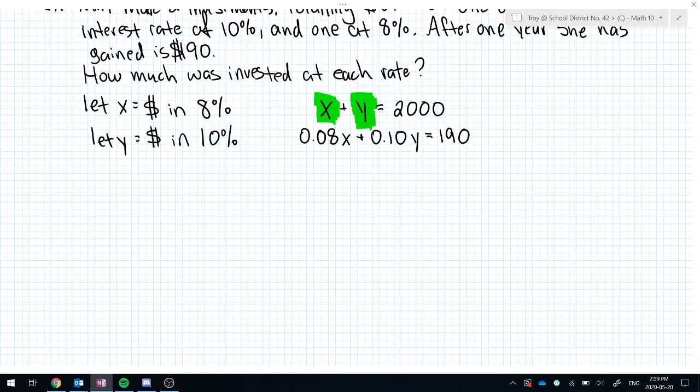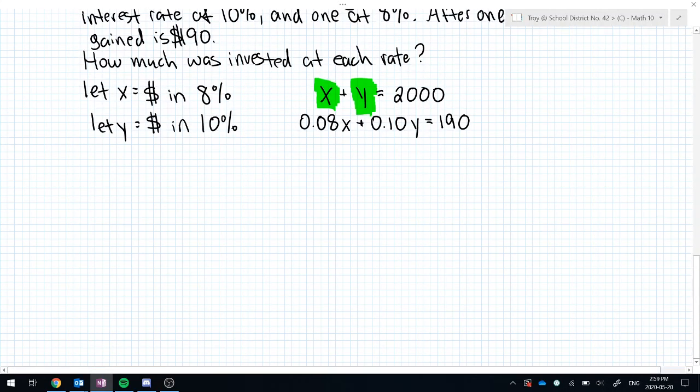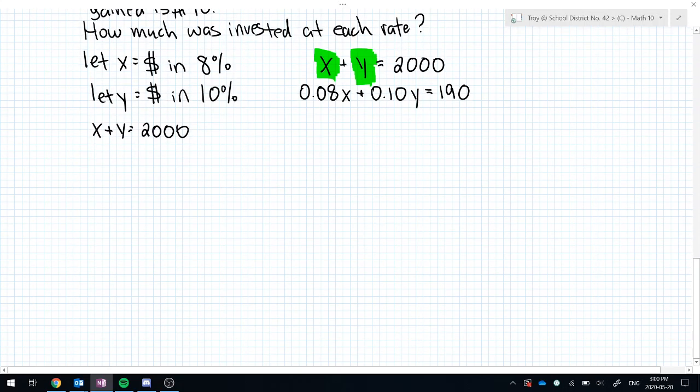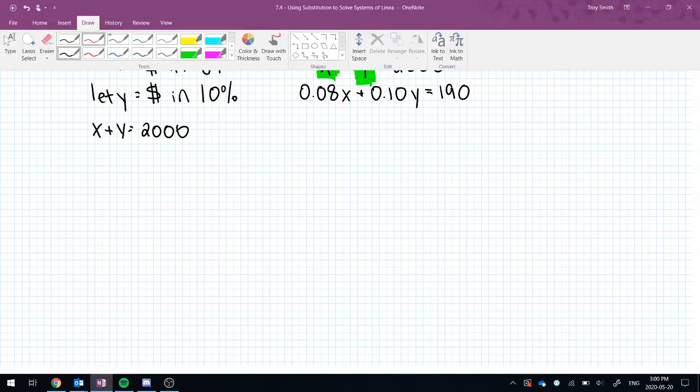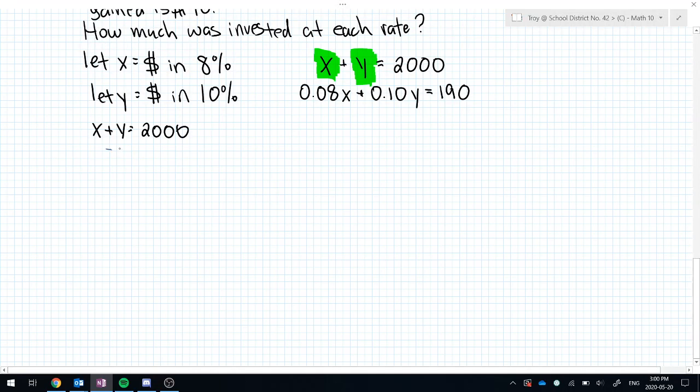It's going to take fewer steps. So what I'm going to do here is begin my substitution with the first equation. So we'll do x plus y equals 2,000. And I'll just isolate for x. It doesn't matter. Like I said, you could isolate for y if you want to. If I want to get x by itself, the only thing stopping the x from being by itself there is the y. We want to move the y to the other side. It's x plus y, so if we use our opposite operation to move y to the other side, that of course is going to be subtraction.